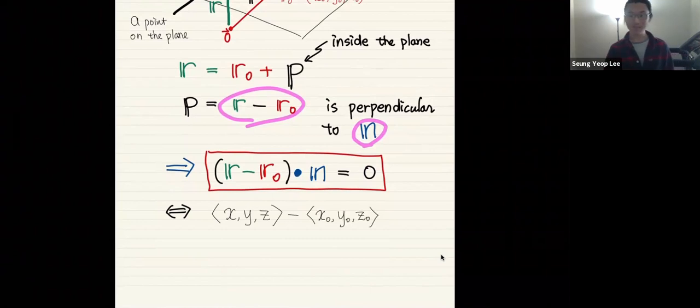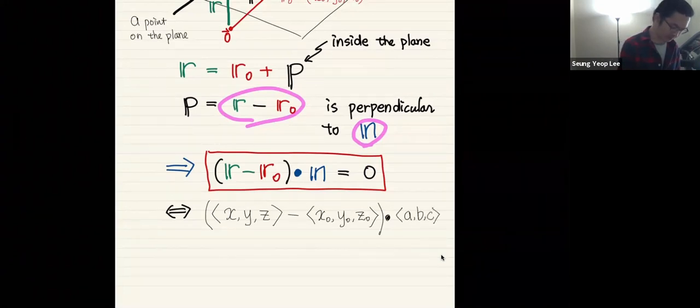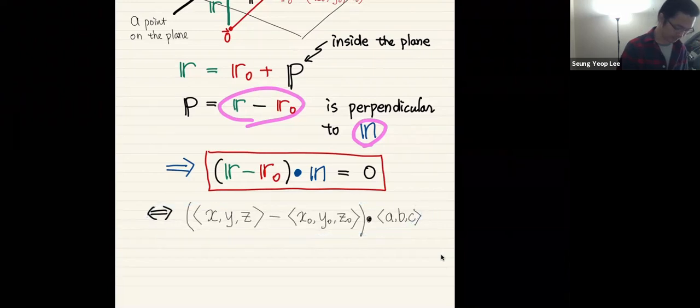That's R minus R naught, dot product with A, B, C. And that has to be 0.